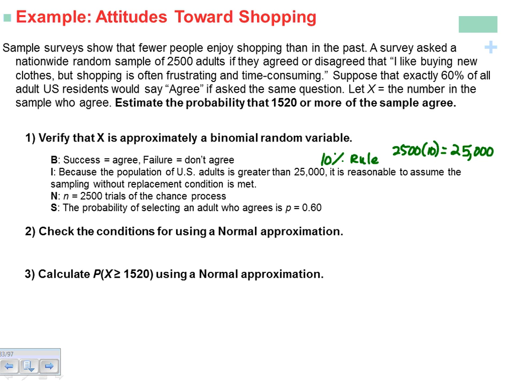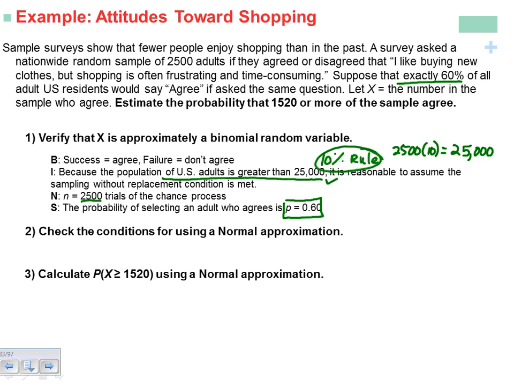So is the population of U.S. adults bigger than this? Yes. So the population is greater than 25,000, so the 10% rule has been met. Is this a fixed number? Yes, it told us we're going to sample 2,500. And the probability, it told us, was always going to be 0.6 for success. Okay, so it just said suppose that exactly 60%.